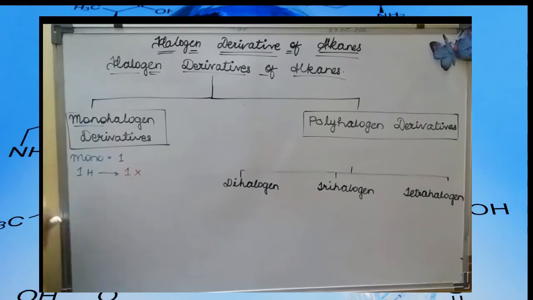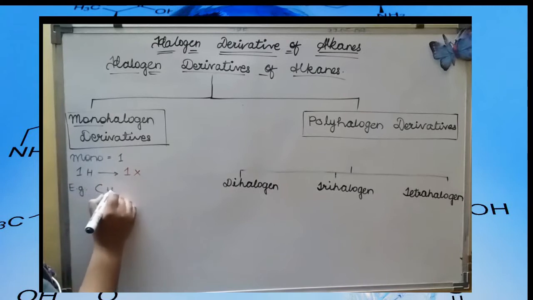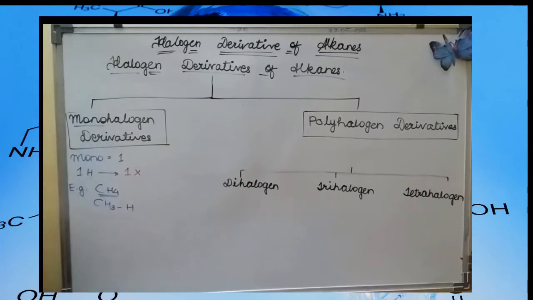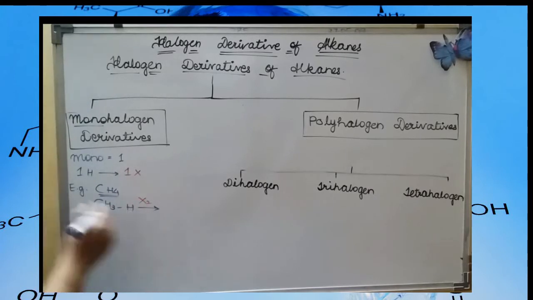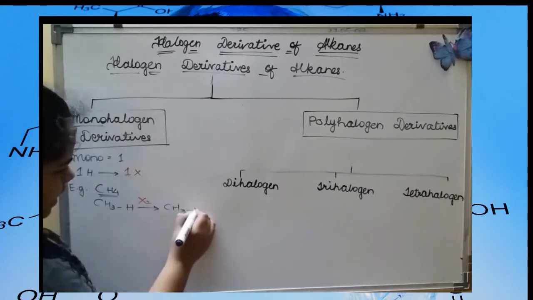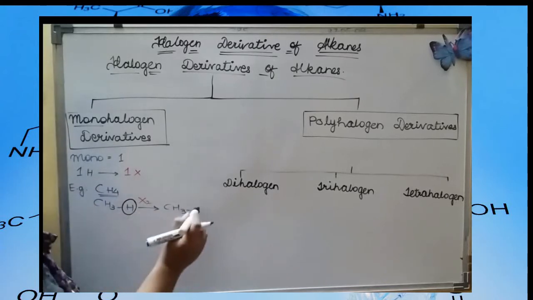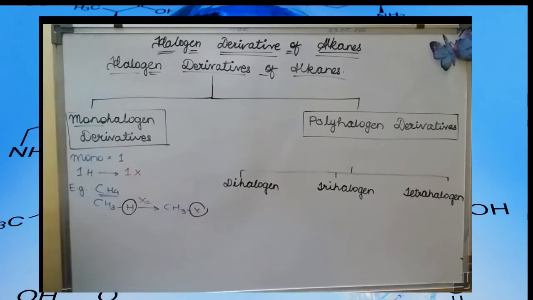Example, if we take methane and write it as CH3H, after adding halogen, we get CH3X. So this one H is replaced by one halogen group. So that is monohalogen derivative.